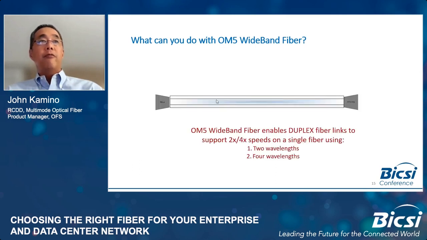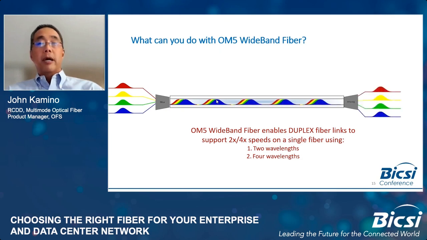An OM5 fiber, on the other hand, instead of using multiple fibers, will use sources with different wavelengths and transmit over the same fiber, carrying that same bit stream over a pair of fibers rather than 4 pairs of fiber. So you have basically 2 times or 4 times the speed, depending on the number of wavelengths that you use.